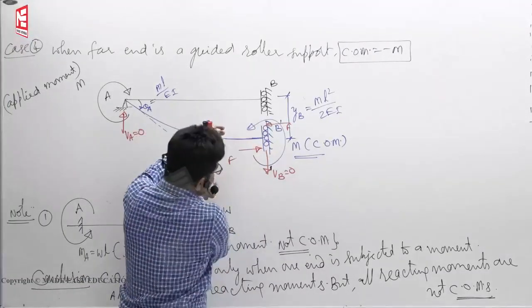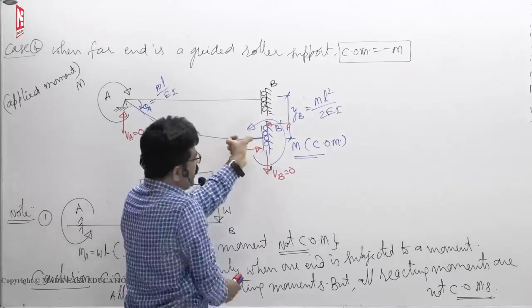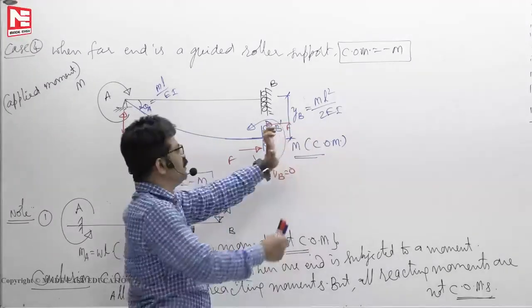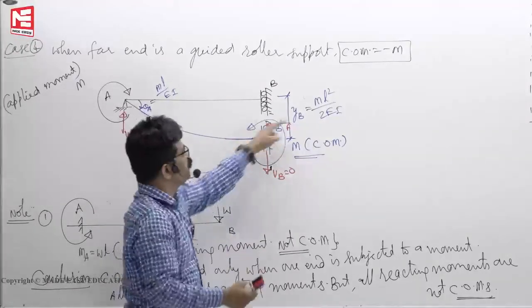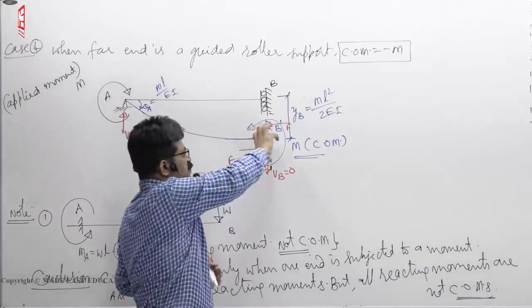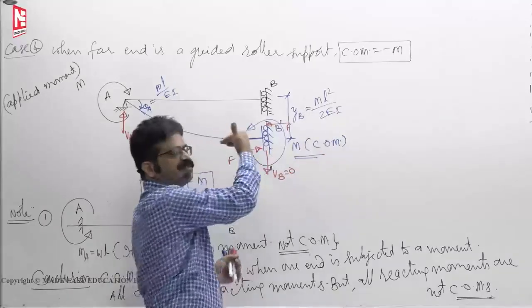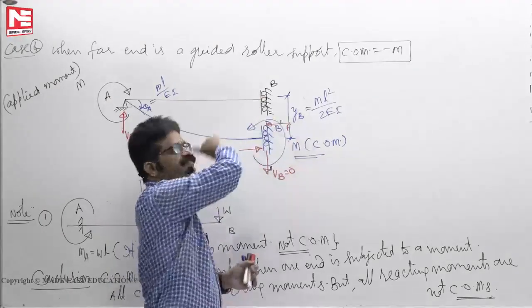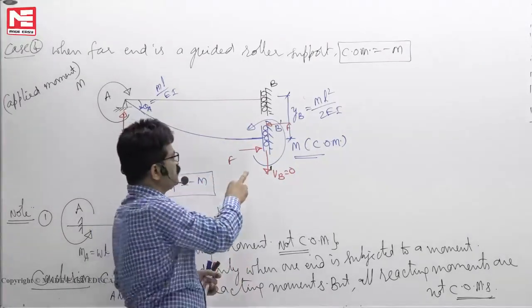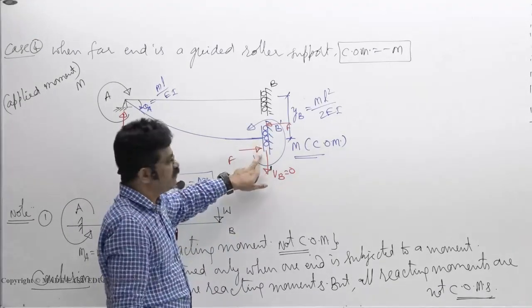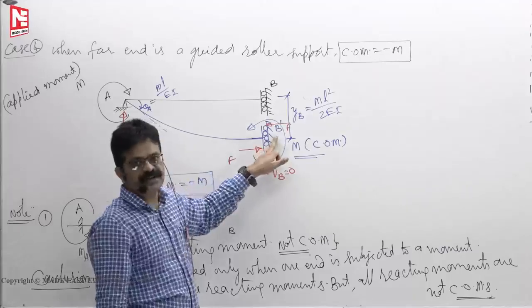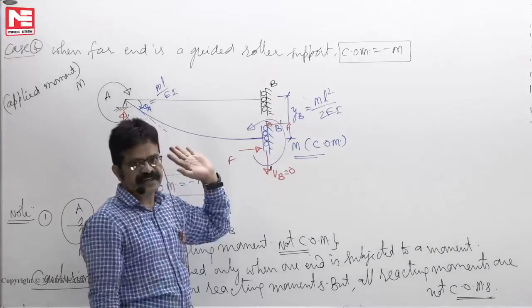This will try to rotate like this, but this channel will press it this way. And when it is pressing here, it will try to come out. It will try to go right side. These rollers will try to go right side and this will press it in the opposite direction. So anti-clockwise moment will develop. These red color forces are the forces exerted by the flange of the channel here, here the ground or a wall, whatever it is.